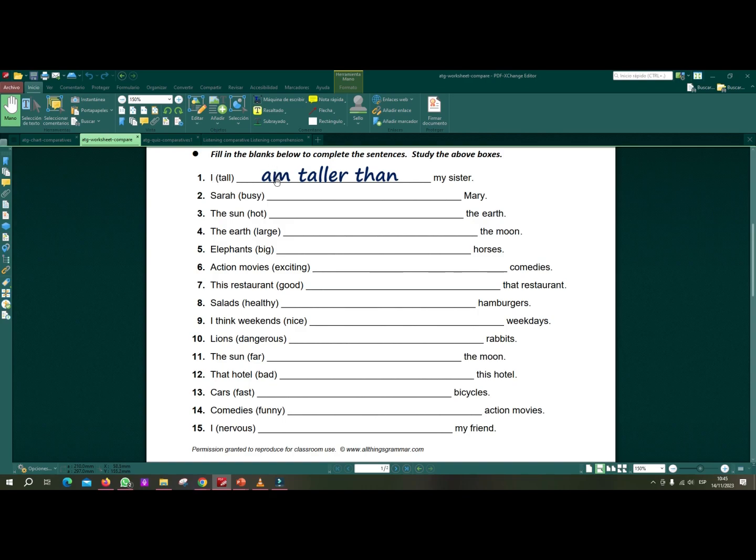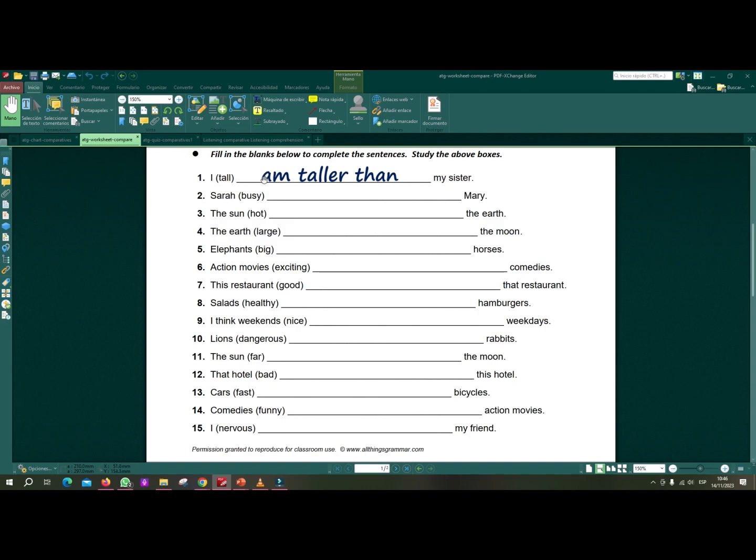I am taller than my sister. ¿Ok? ¿Qué vamos a hacer acá? Lean la oración y van a utilizar el adjetivo que tienen entre paréntesis en su forma comparativa. Y van a comparar, ¿verdad? En este caso, los dos, a las dos personas. En este caso, yo y mi hermana.